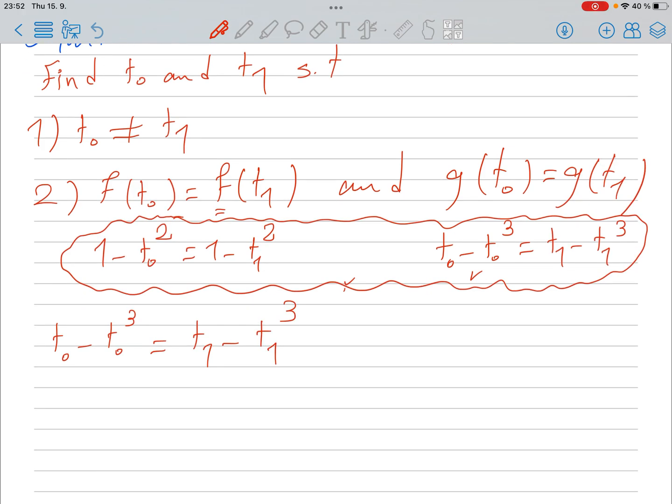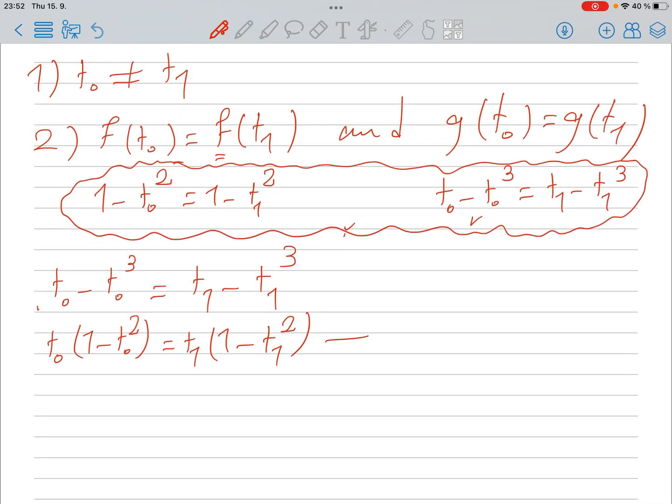So let's factor t0 from this side: t0 times 1 minus t0 squared. And let's factor t1 from this side. So therefore we have t1 times 1 minus t1 squared, right? Now using this equation, substitute 1 minus t1 squared by 1 minus t0 squared.